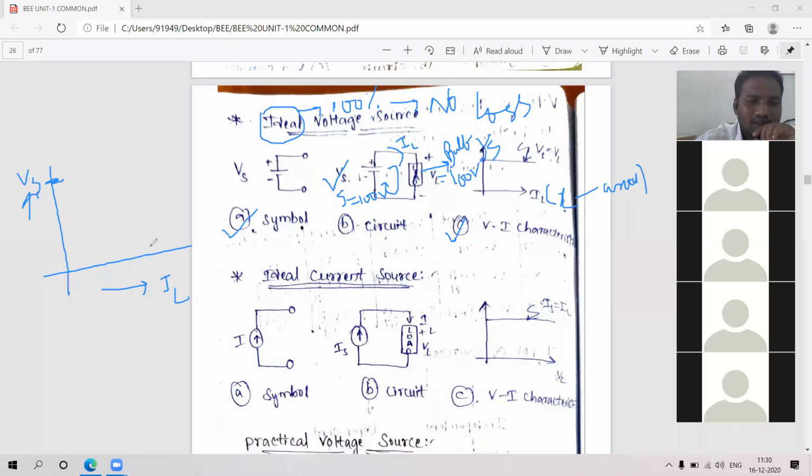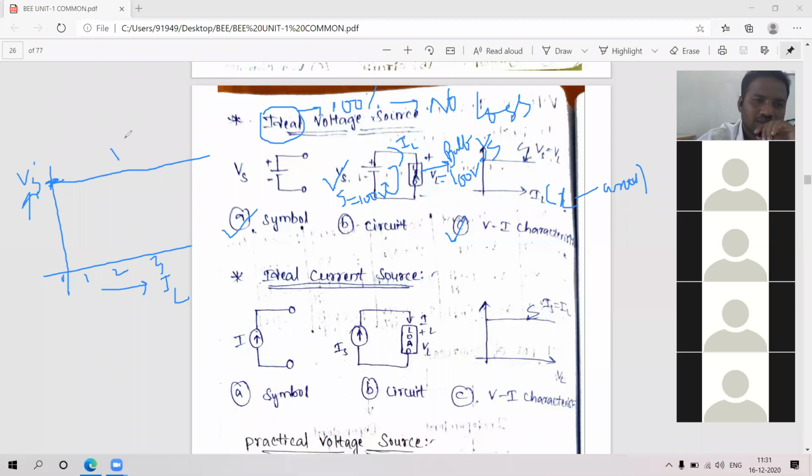If there is no loss, at any load, when it is switched on, you are getting 100 volts. When the load is changing also, you are getting the same graph, a constant magnitude. So this point is Vs, whereas the value I got is VL.